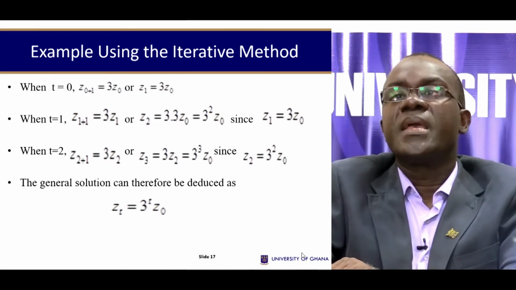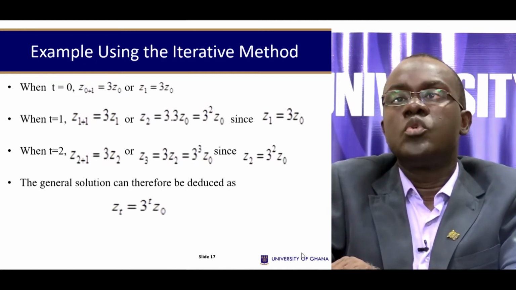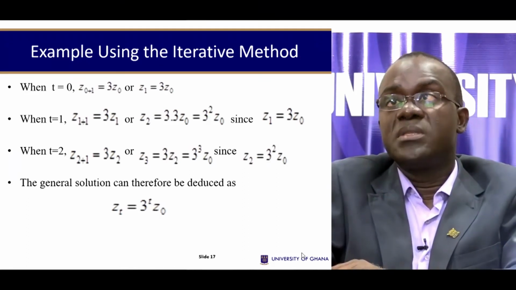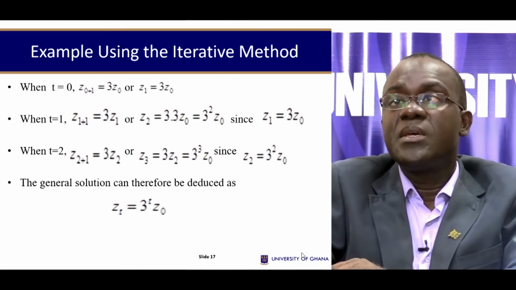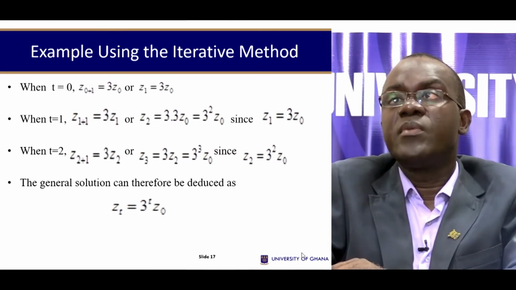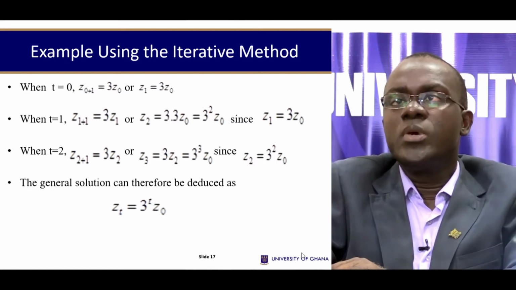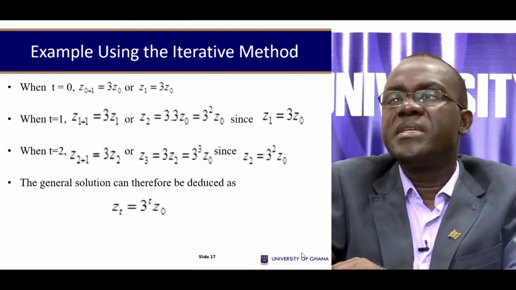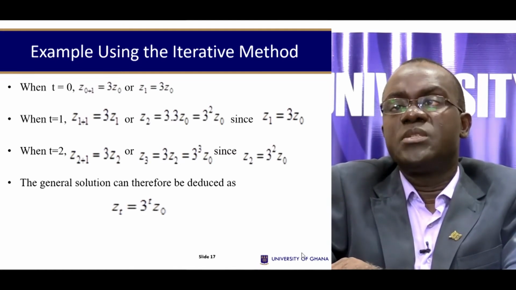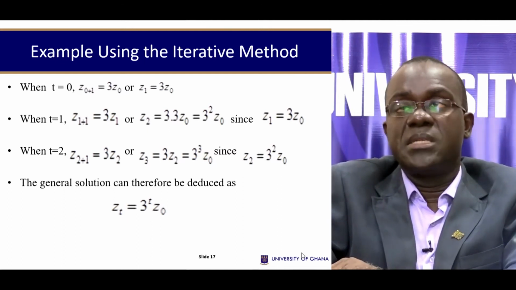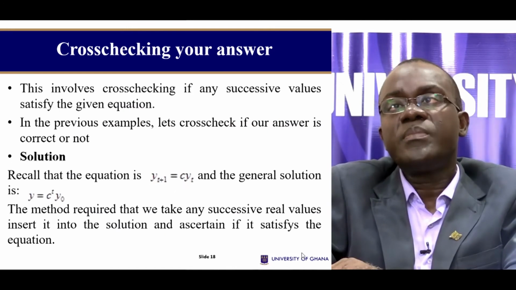When t is equal to 2, we have z3 equal to 3 z2, but we know z2 is equal to 3 squared z0. So when we insert it, we get z3 equal to 3 raised to the power 3 z0. So looking at the solution from this iterative method, we can easily see that z_t is equal to 3 raised to the power t z0. So this is the solution to our equation.